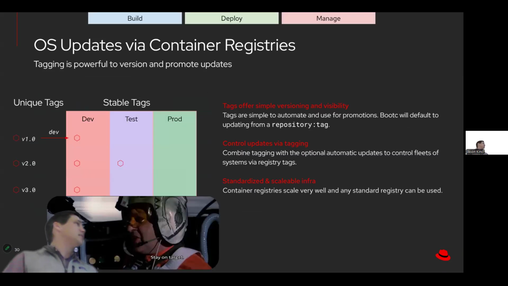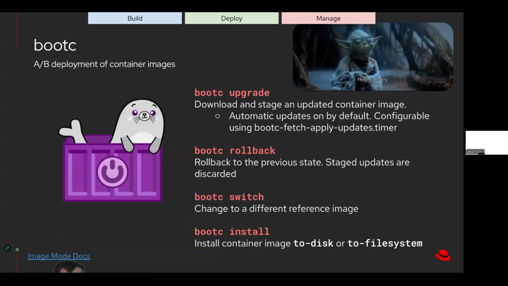Yep. So management. You can manage them the way you manage containers, right? So you can have your unique tags, your stable tags. Just remember, you have to stay on target, right? So nothing really fancy here. We're able to use container registries the same way that we use container registries today. The user space tooling is all basically just bootc. It's a couple of different commands.